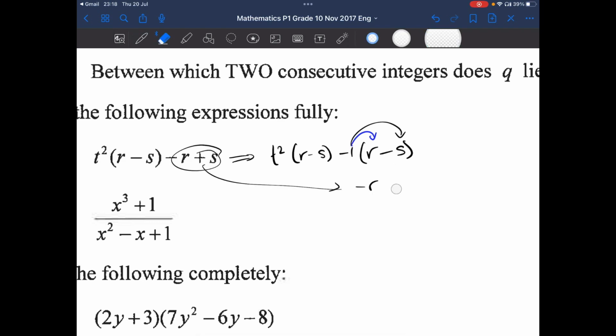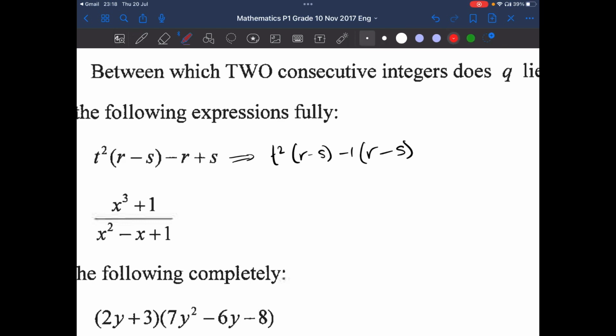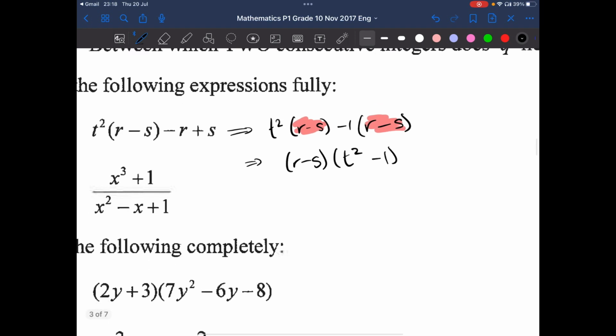Okay, so now that we have that written like that, you can see that we have a common factor. R minus s is common, so we can further factorize by taking out that r minus s. So we'll get that, and then t squared minus 1. Now if we look further, t squared minus 1 we can still factorize further, because remember, difference of two squares.